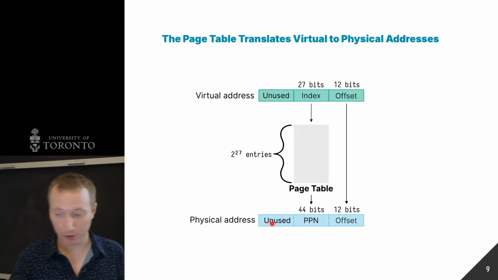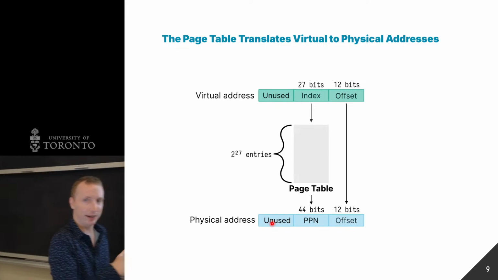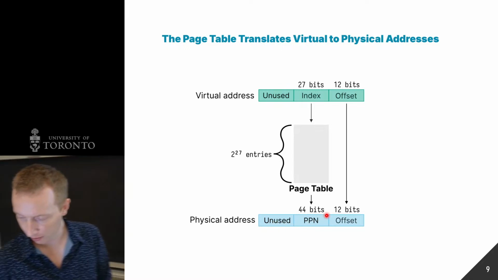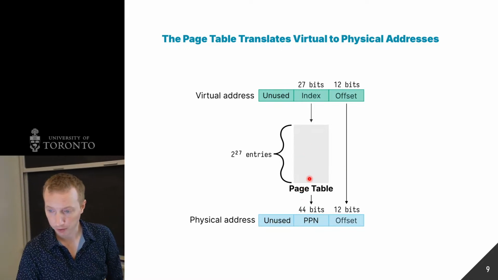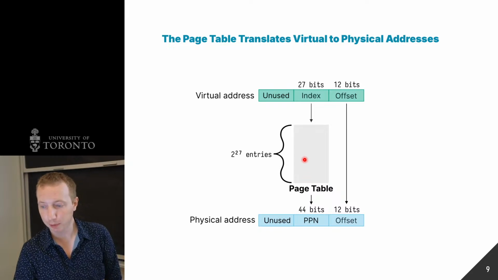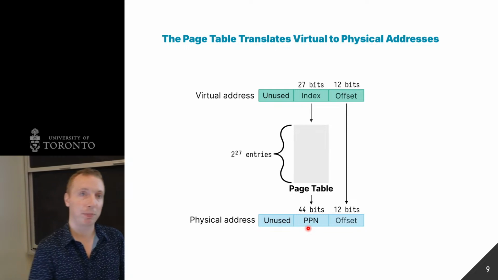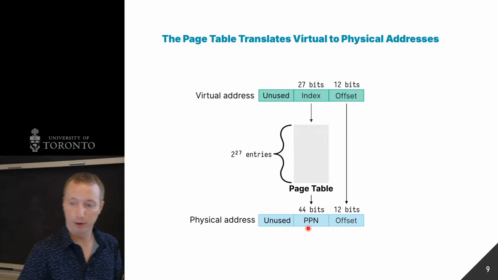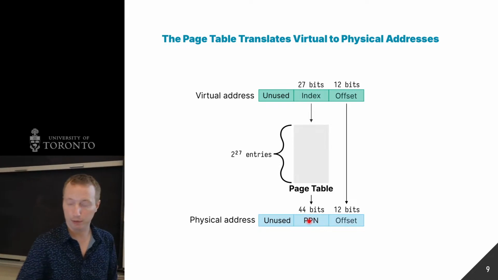We'll see what's in an entry in the next slide. Basically, they had to keep track of some other information. So let's see what is in this page table. Each entry has to tell us at least which PPN we have to look up, so we can get a resulting physical address.